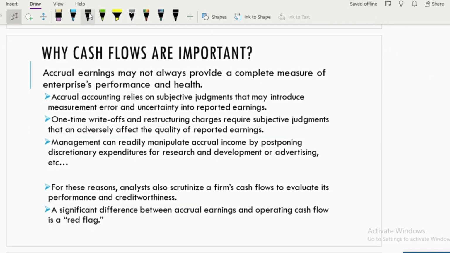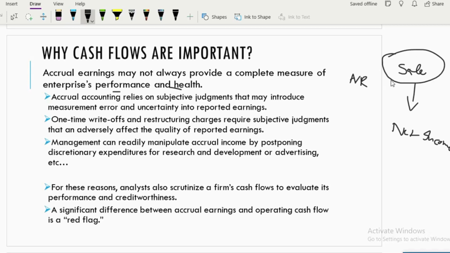Accrual earnings do not tell the true picture of the company's performance or health. Let's suppose, like I mentioned before, a company's whole sales are on an accounts receivable basis. In the income statement, it might have a huge amount of sales, ultimately resulting in a huge net income, but these sales are on credit, and maybe most of them are already outdated or pending, with the money collection pending for more than a year.